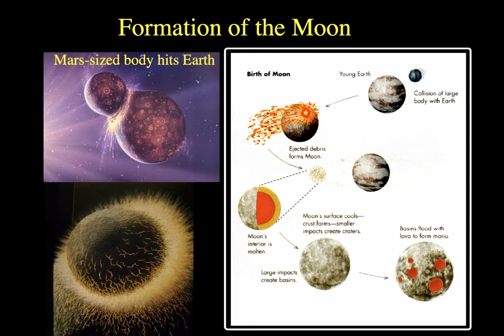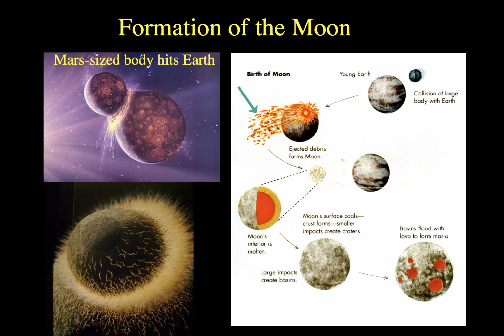And as you can see on the right-hand side, this spewed out huge amounts of molten material away from the Earth. A lot of that material was from the Earth's mantle that had been starting to form at that time.